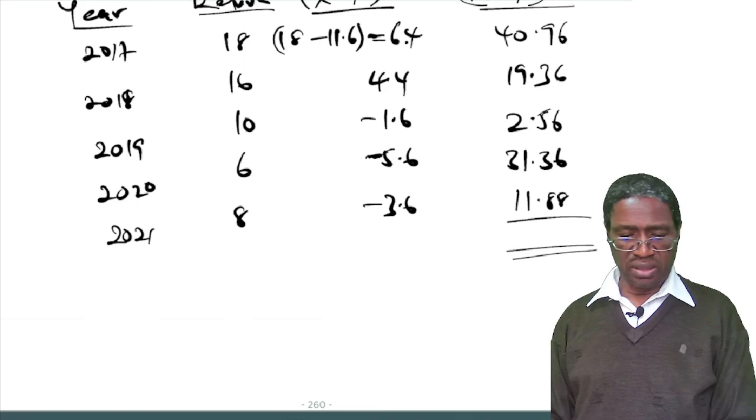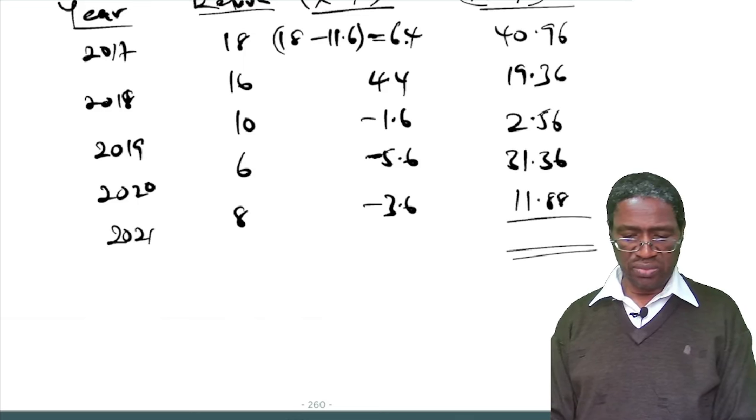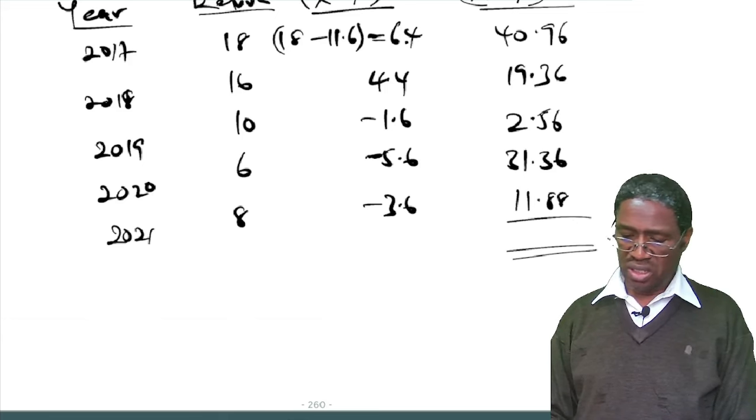Let me repeat, there's something that could be wrong. Don't know where I've gone wrong. All right, just a minute. It's like I've picked the wrong figure here.